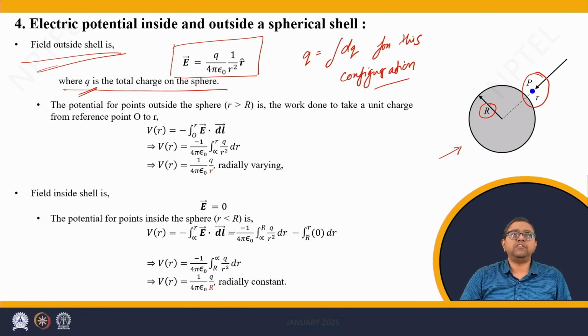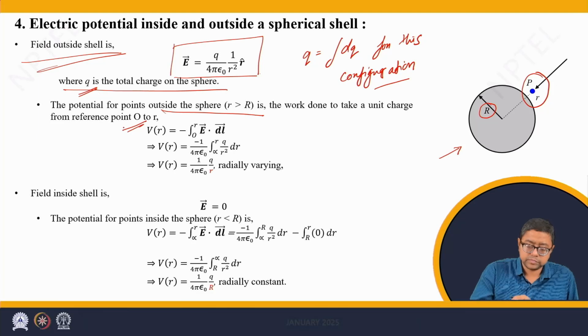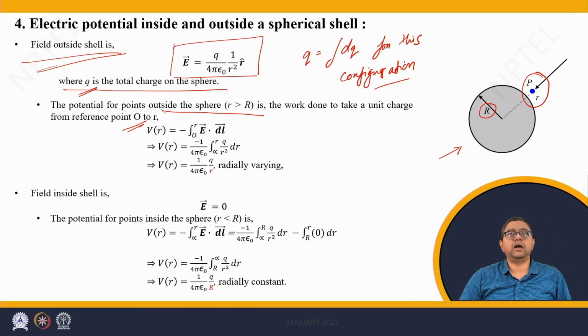Now, the potential for the points outside the sphere is the work done by the charges to take a unit charge from the reference point O to R. Thus, VR equals minus O to R E dot dl, which is equal to 1 by 4 pi epsilon integral infinity to R q by R square dr. This gives 1 by 4 pi epsilon q by R. The reference point is chosen at infinity.